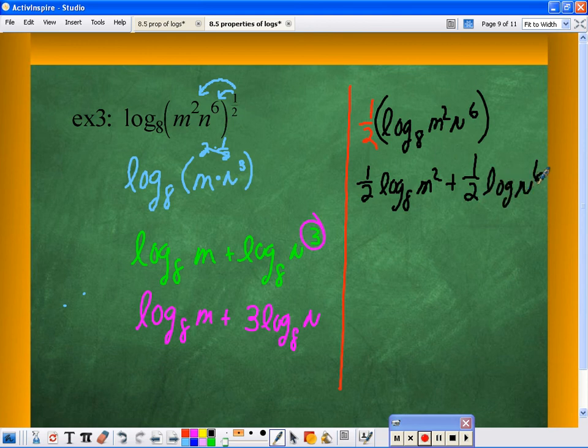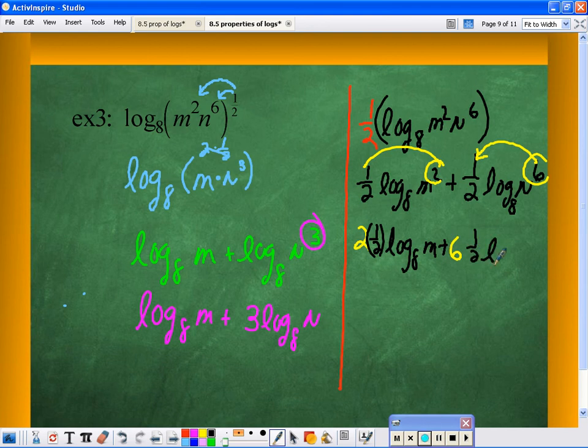So it would be okay to do it that way as long as you realize that you have to keep that half with both parts of the problem. When you break it up with that plus sign, then the 1/2 goes along with both. And you can see now that if I take this 2 and move it in the front here, and I take that 6 and move it in the front here, and I keep the rest of the problem the same, that 1/2 log 8m plus that 1/2 log 8n.